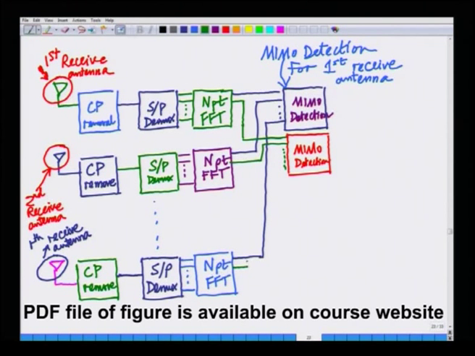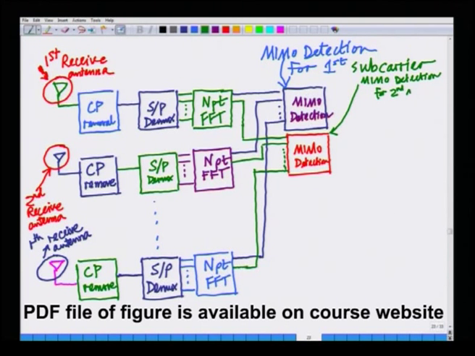In fact, here this has to be the first subcarrier, and this is the MIMO detection for the second subcarrier, and so on and so forth.